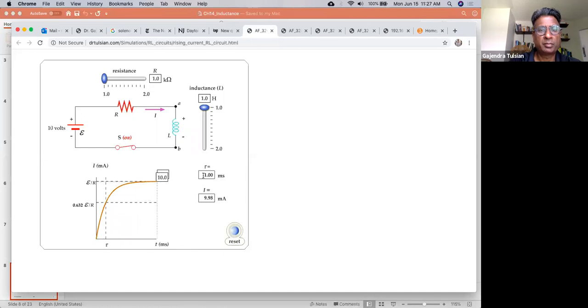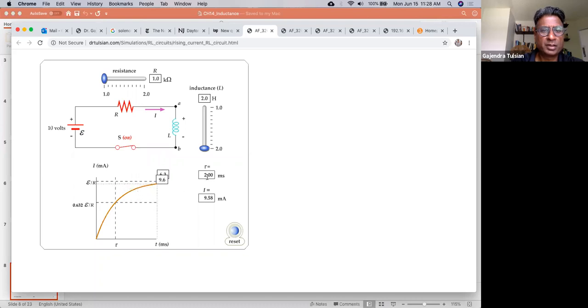The time constant for this circuit was 1 millisecond, so in about 3 milliseconds it has gone to its steady state value. All this happened in a flash; 3 milliseconds is a blink of an eye. But this kind of stuff matters to us, and that's why we're studying it. Now let me increase the value of the inductance, and the current rises more slowly.